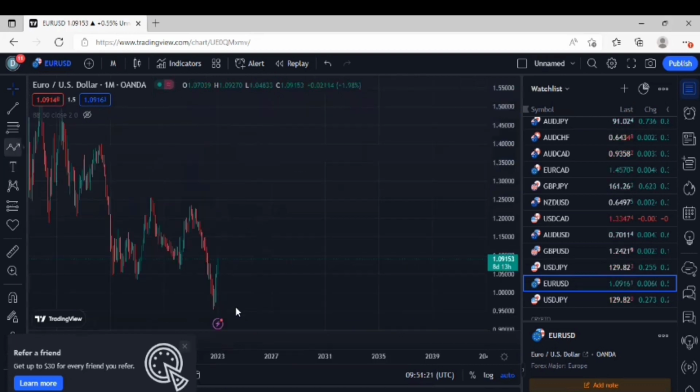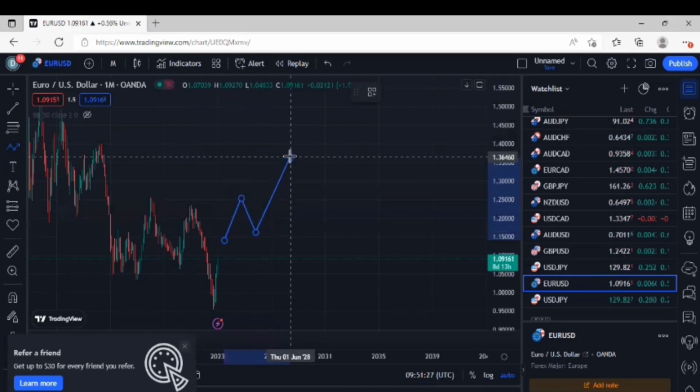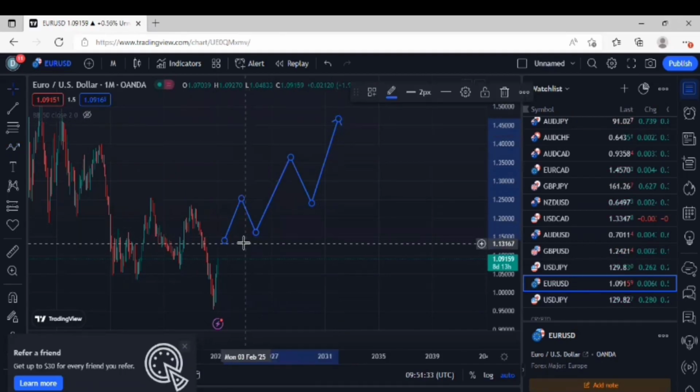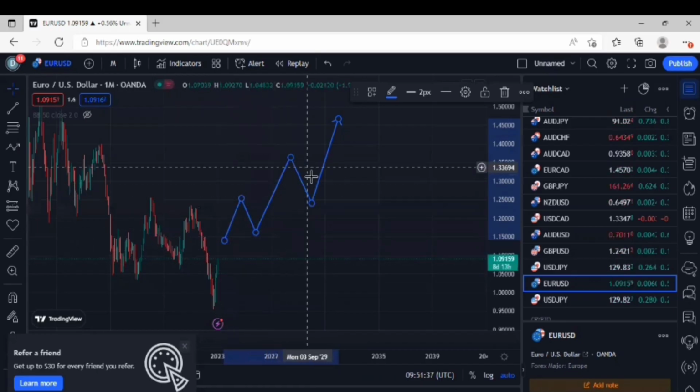Look at this drawing that I have here: the high, the low, the higher high, the higher low, the higher high. This is the structure of a particular market, the price movement of this particular instrument.